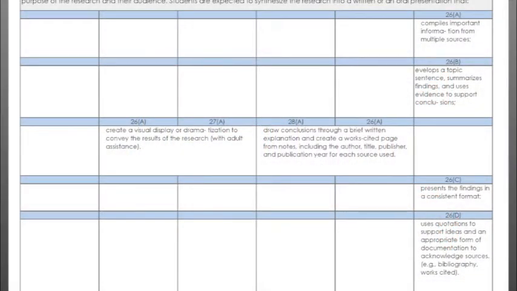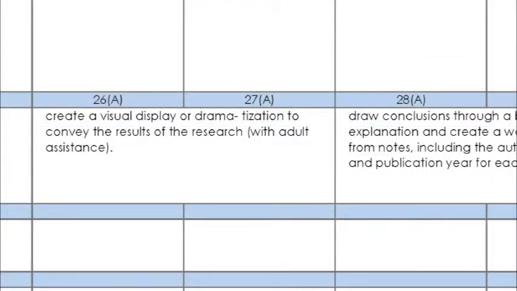Technically, kindergarten, according to our state, you do not have to present the research. It's the process of all your wanderings. Because you're doing it as a class and with the teacher, everyone pretty much knows what we're finding out. Okay? First and second grade, you begin the presentation piece.